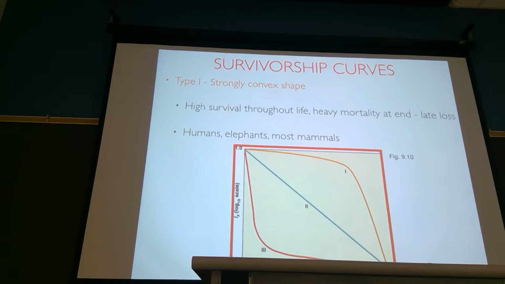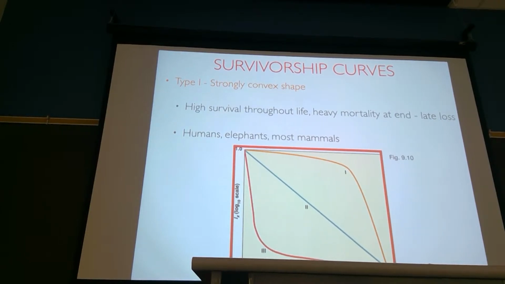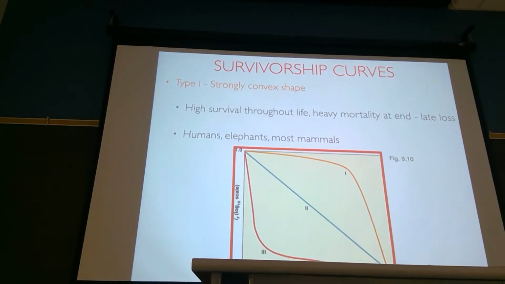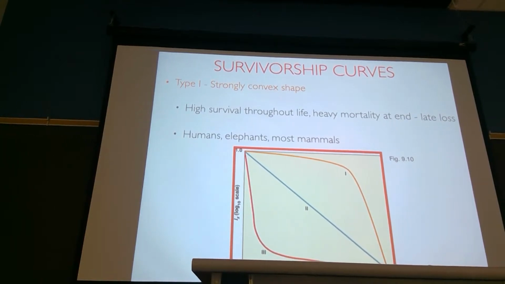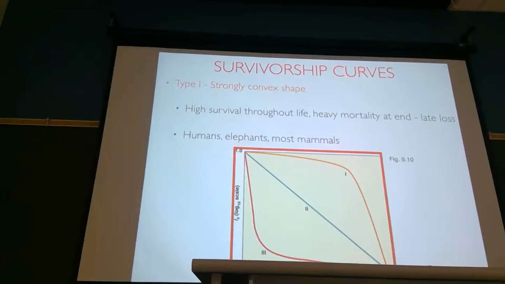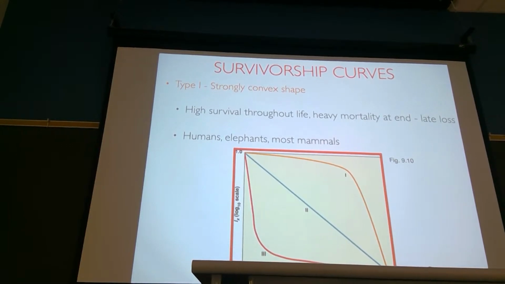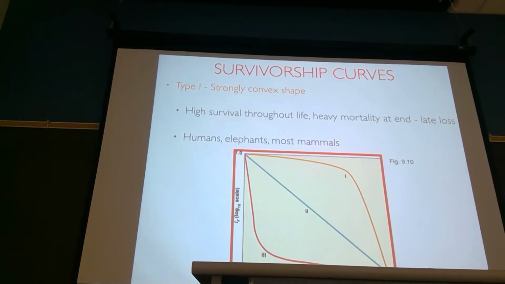They have big, well-developed offspring that they take really good care of, and thus their survivorship is high from juvenile into their reproductive adult years. Then they get old and can't hunt or care for themselves, and something picks them off, disease or a predator, or they can't compete for resources. That's a type 1 survivorship curve: really high survivorship until they get into later life and post-reproductive years. We're graphing that lx, what percentage of the population is alive at any given time.